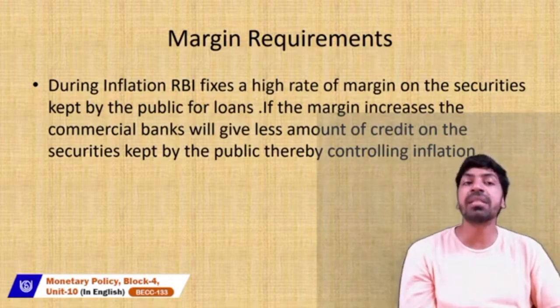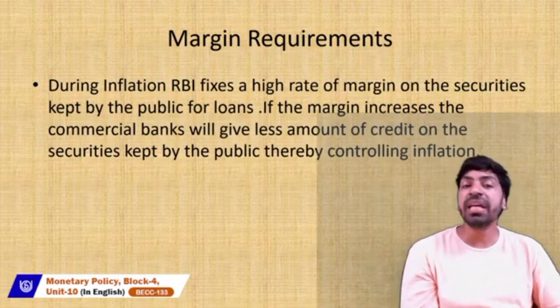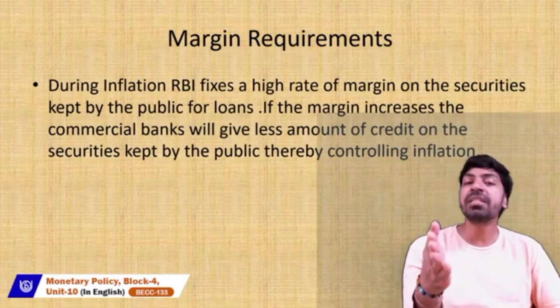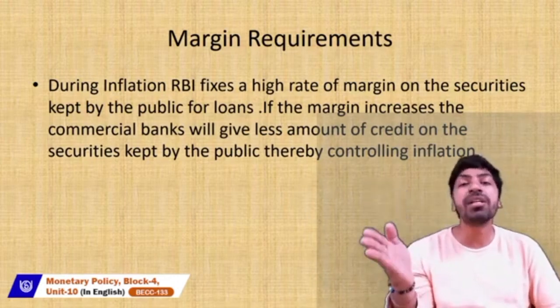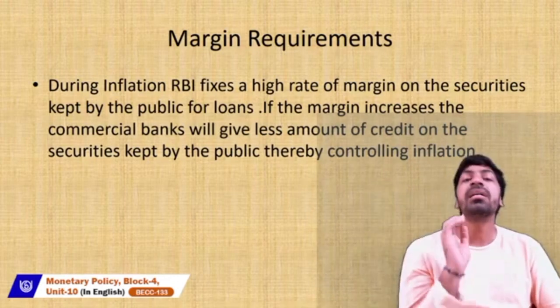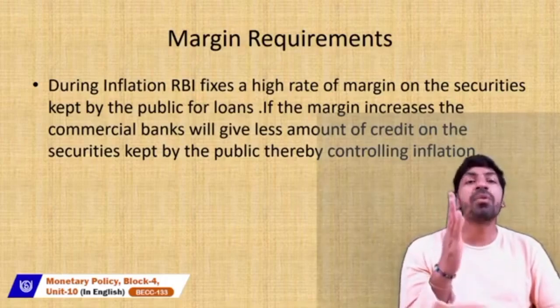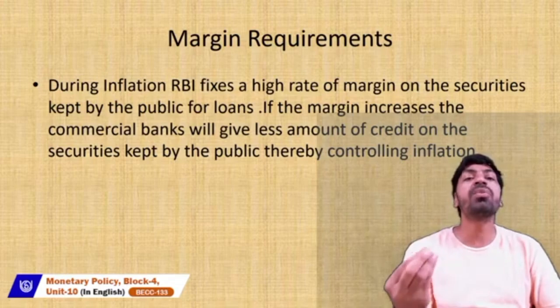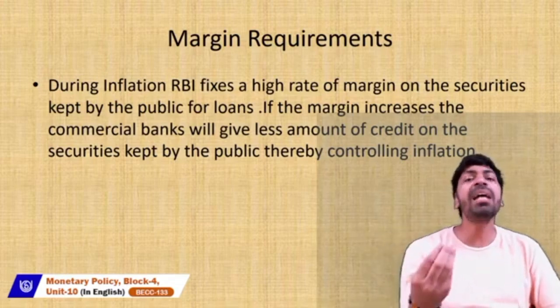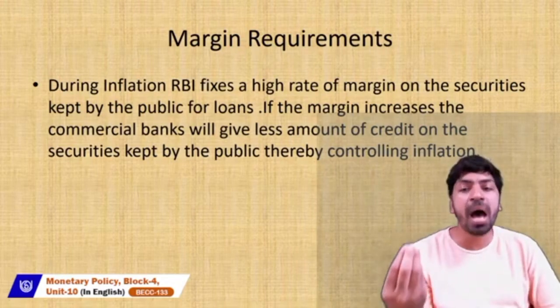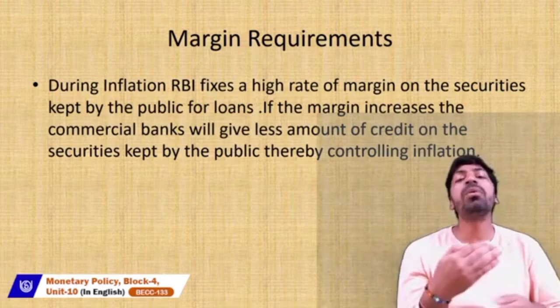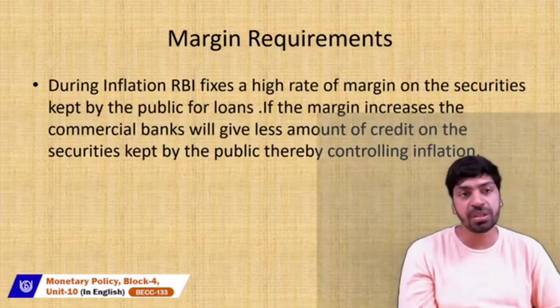I repeat once again, in case of inflation, if the RBI fixes a high rate of margin, that means the commercial banks have the capacity to provide only a lesser amount of credit to the public, to control the inflation situation.